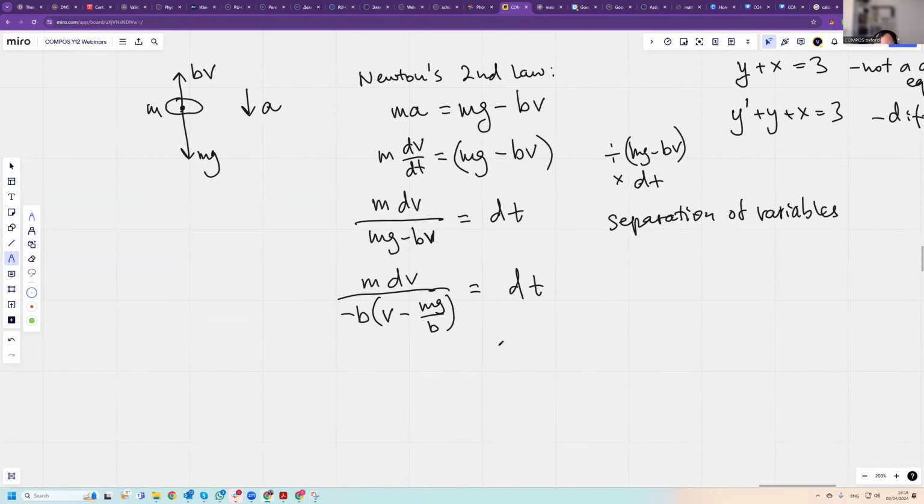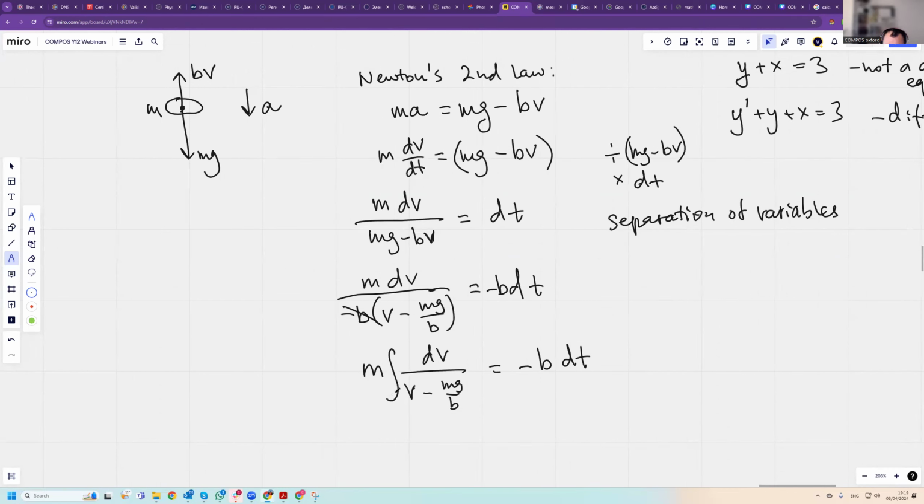Yeah, I want to multiply everything by minus b. So I take away minus b. Okay. Now I have m dv over v minus mg over b equals minus b dt. Now I can integrate it.